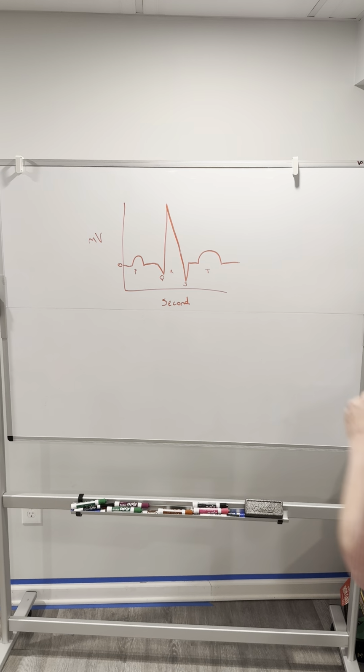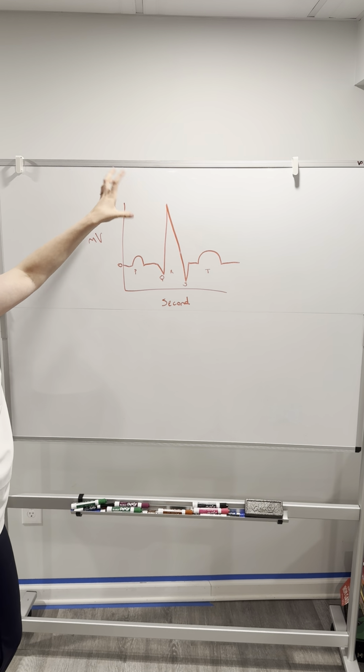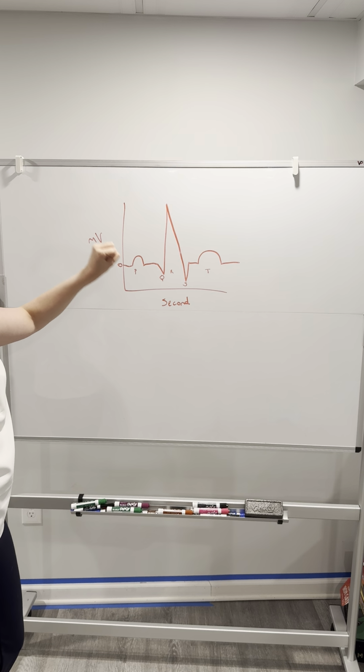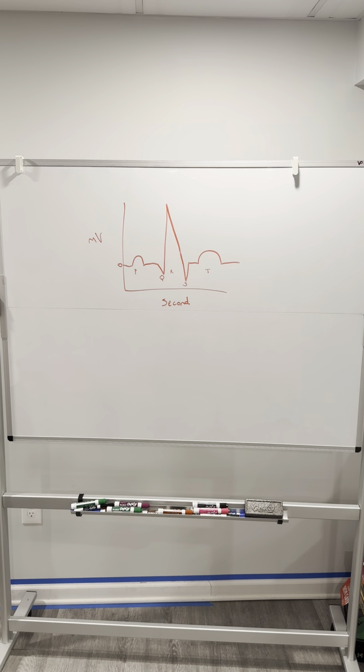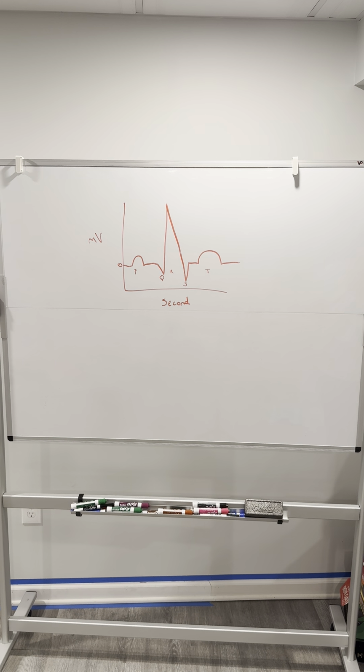The lub sound, the first sound that you hear in the heart beating, is the sound of the tricuspid and bicuspid valves closing, and the dub sound is the sound of the semilunar valves closing, so the pulmonary and the aortic valves closing. You will also see volume changes in the heart, where the atria fill with blood, so you'll increase volume there, and then you'll decrease volume in the atria and increase volume in the ventricles when they fill with blood. And there's mechanical events involved as well.